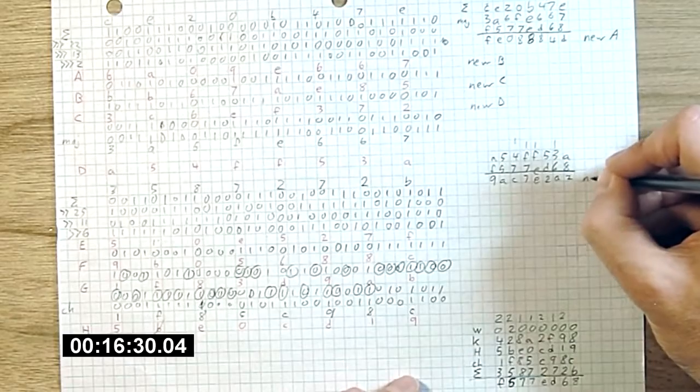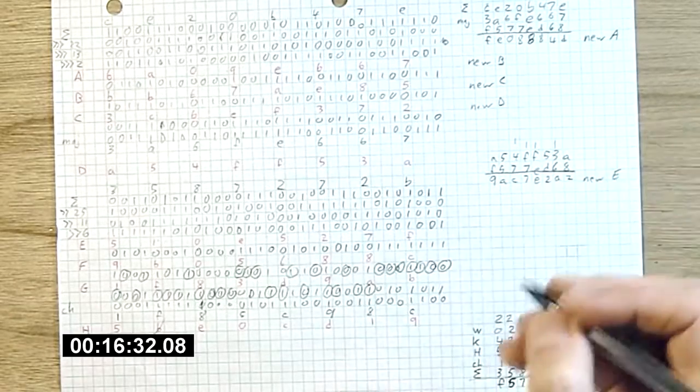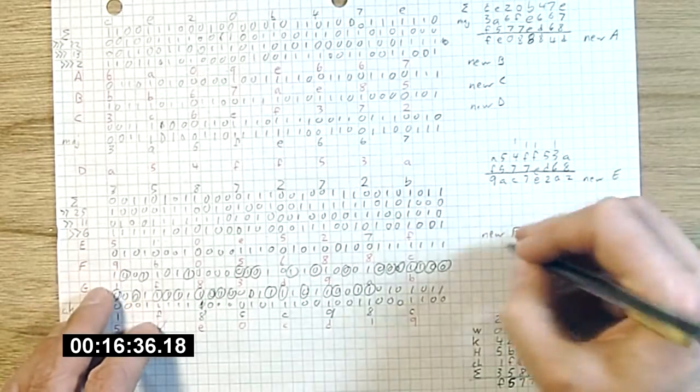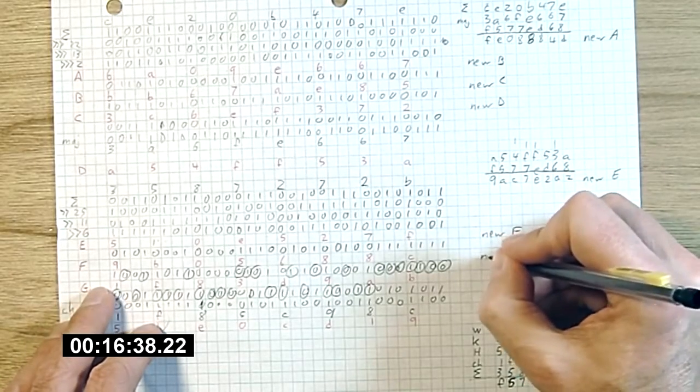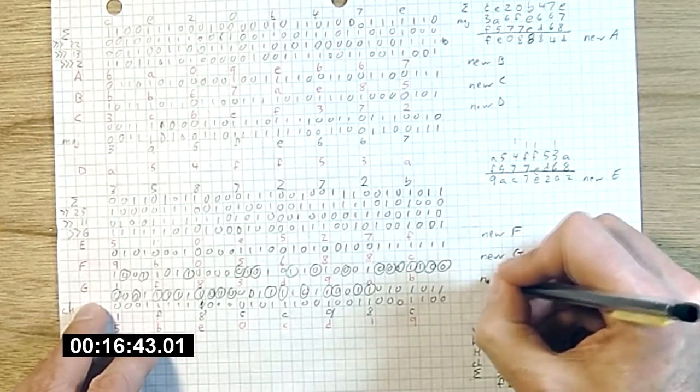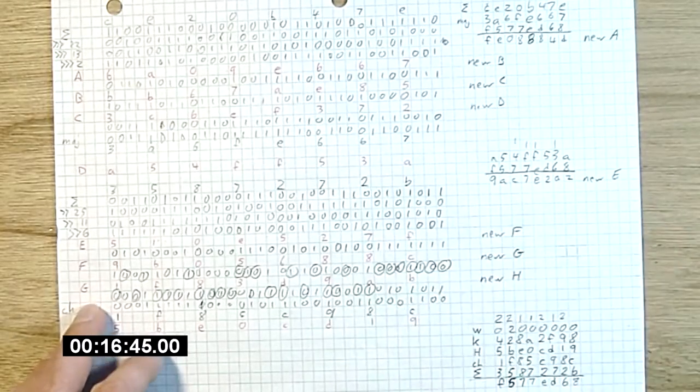That's our new E value, and our new F value is our old E. Our new G comes from here, and our old G becomes our new H. So we have now completed one round of the SHA-256 hashing.